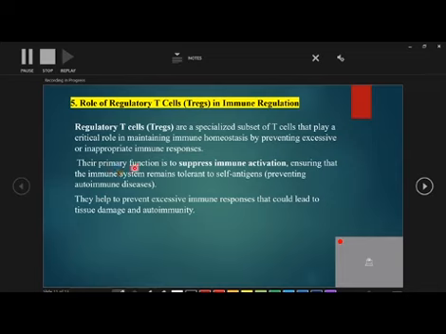They have several functions in immune regulation. First of all, they suppress immune activation by ensuring that the immune system remains tolerant to its self-antigens, preventing autoimmune diseases. They also play a role in preventing tissue damage and autoimmunity.